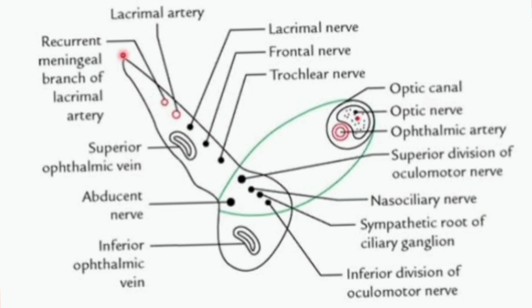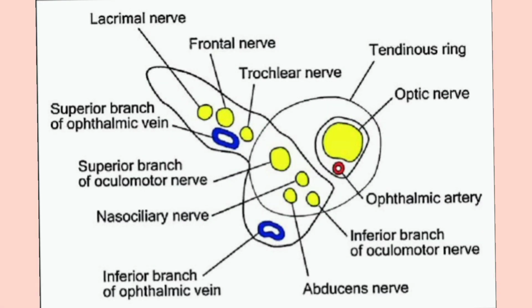Come to the middle part or intermediate part, that means within the common tendinous ring. Here you will get again three important nerves, that is the oculomotor nerve, nasociliary nerve and abducent nerve. Both the divisions of the oculomotor nerve will be there. Then nasociliary, which is the branch of the ophthalmic division of trigeminal nerve, and one vein is there, that is the superior ophthalmic vein.